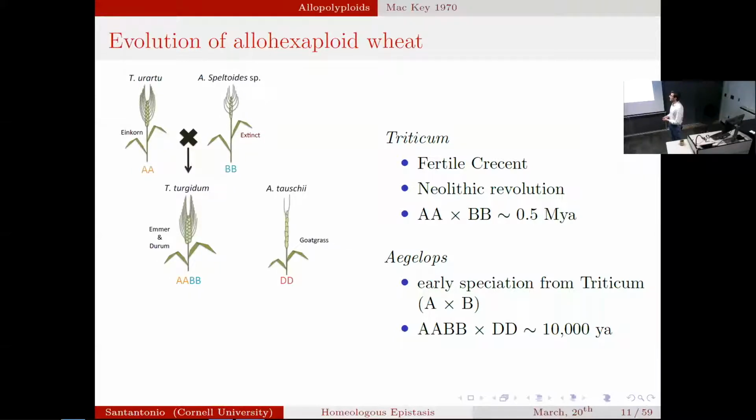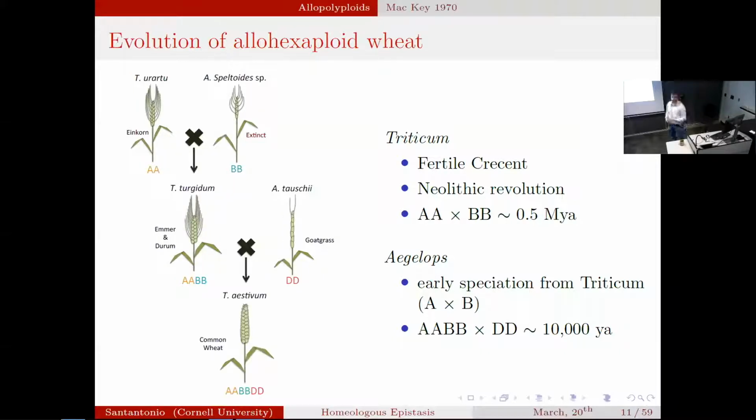All right, and then this happened again, roughly 10,000 years ago, and maybe only once, with a related species called Aegilops tauschii, which contributed the D genome to common wheat. Okay, so now what we know of as common wheat, which is bread wheat, and primarily bread wheat, but of course also wheat for cake flour and so on and so forth, has 3 separate genomes, i.e. 3 complete sets of genes.